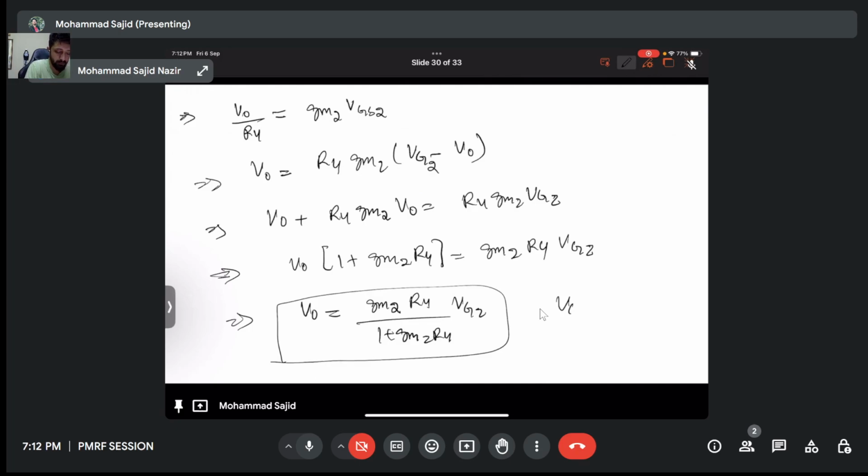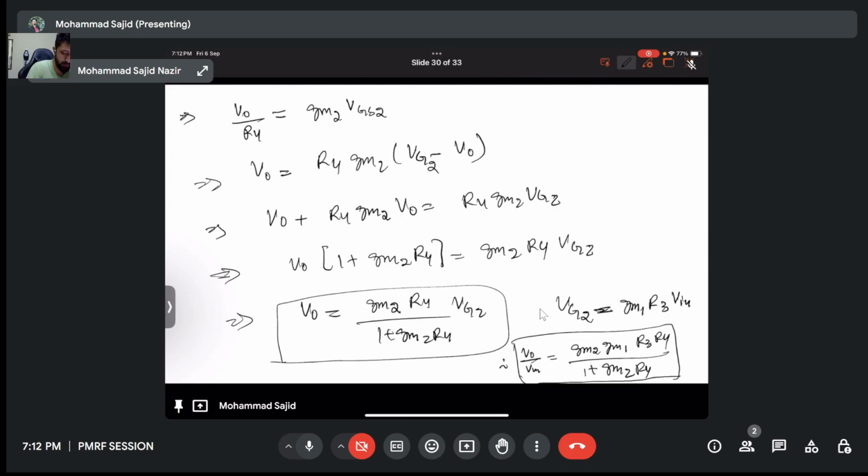However, we calculated in the previous step that VG2 is Gm1 R3 V input. So therefore, V0 by V input is equivalent to Gm2 Gm1 R3 R4 divided by (1 plus Gm2 R4).